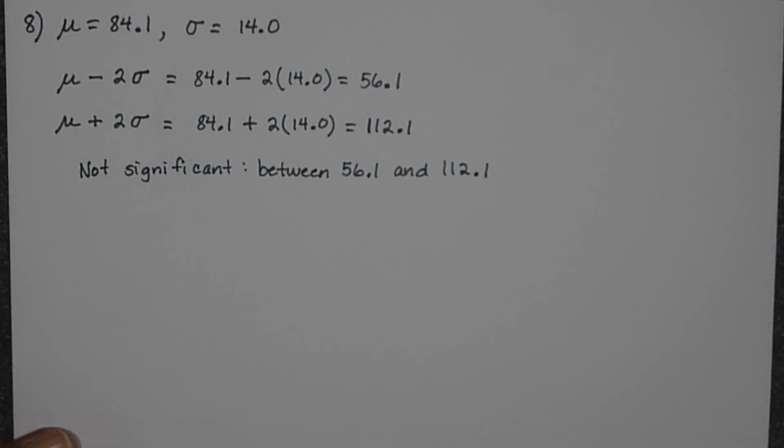And it says, they say unusual, but we're using significant, would it be significant for one of the test subjects to have a pulse rate of 92.1 beats per minute? It's not.